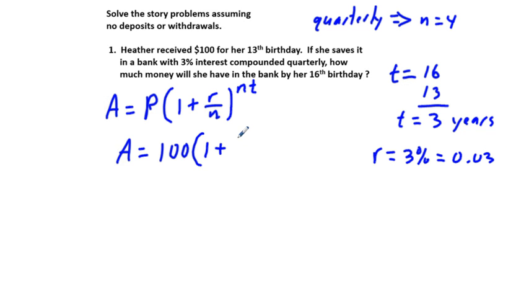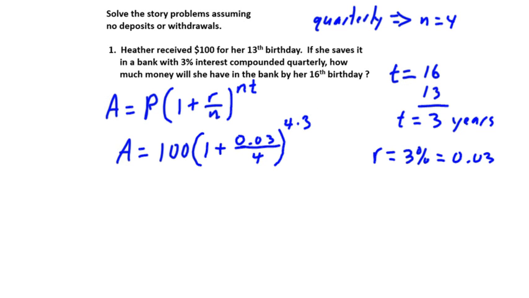So we put 0.03 over N, N is 4, to the power of NT, which is 4 times 3 years.